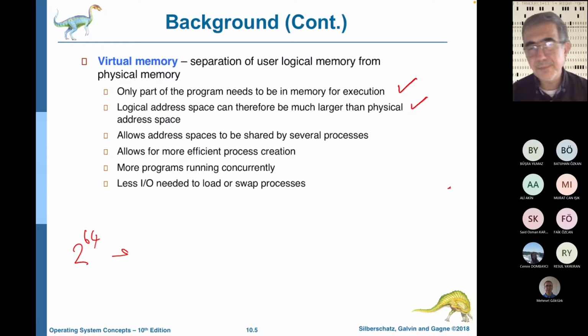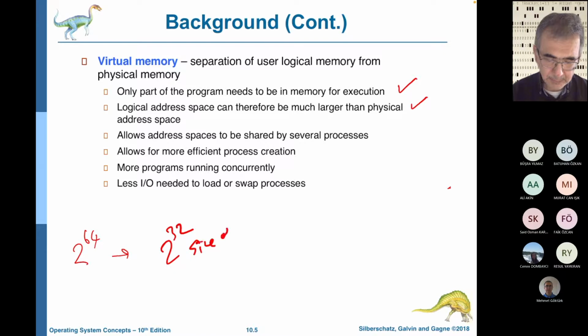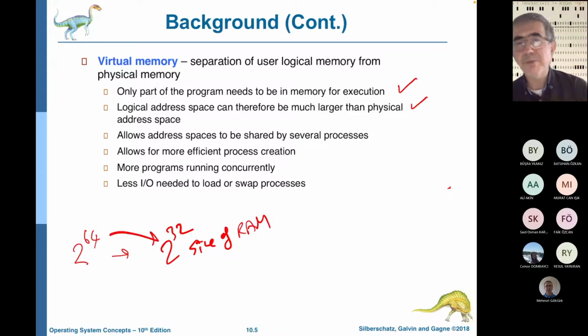But when you have a small amount of memory, like 4 gigabytes, you have 2 to the 32 size of RAM. So what you will do is put some of the logical memory pieces, as necessary, into part of the real memory. The rest, the copies, will be stored on the hard drive.